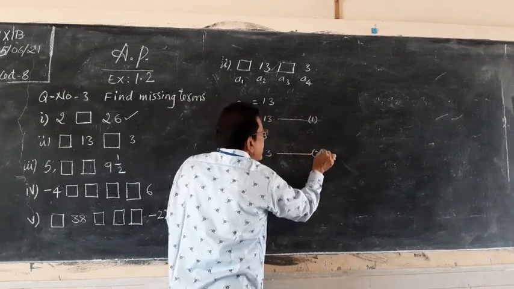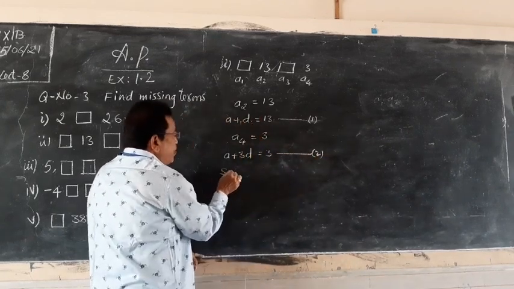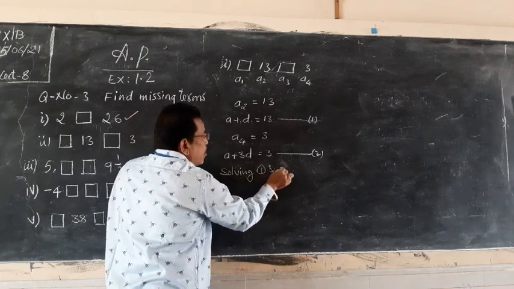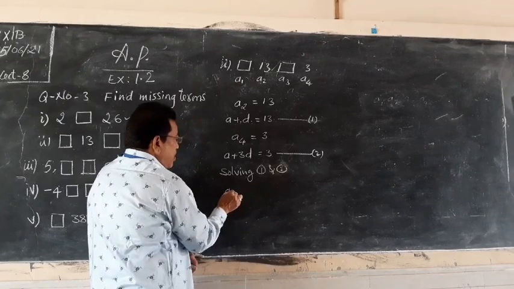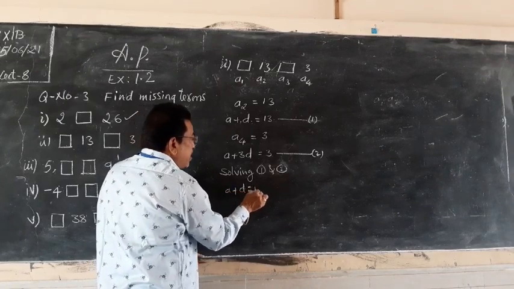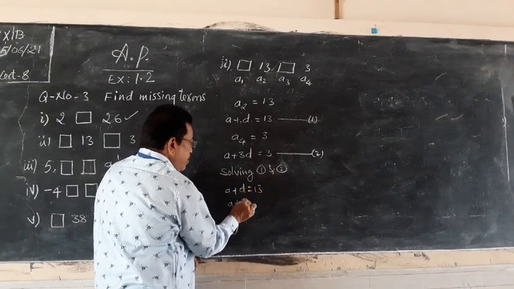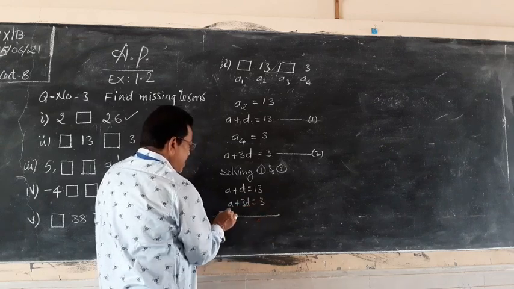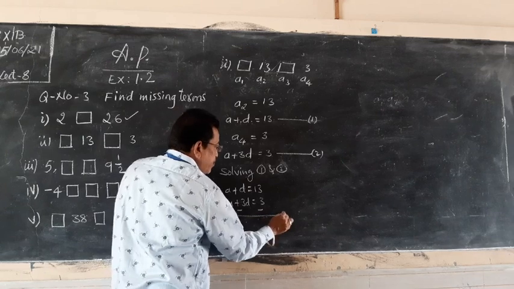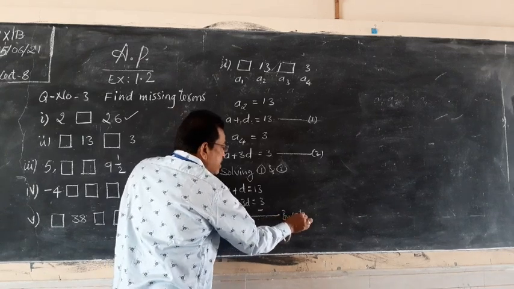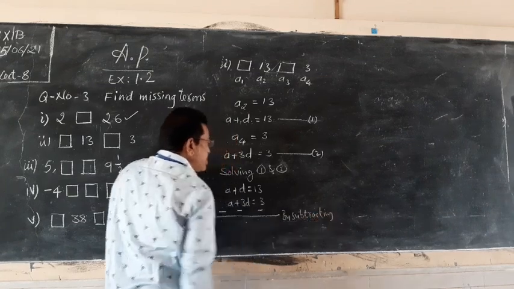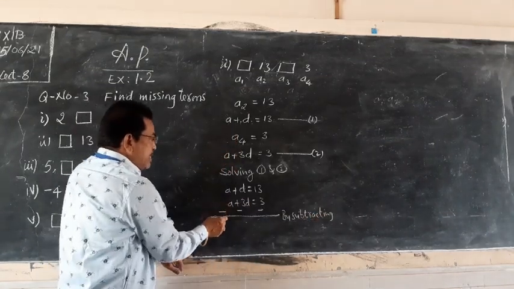This one is equation 2. Solving 1 and 2. A plus D equals 13. A plus 3D equals 3. Okay, let us subtract. While we subtract, we have to change the sign.